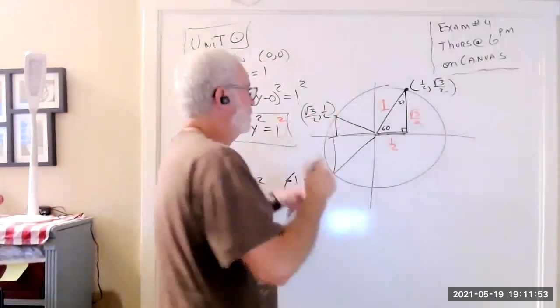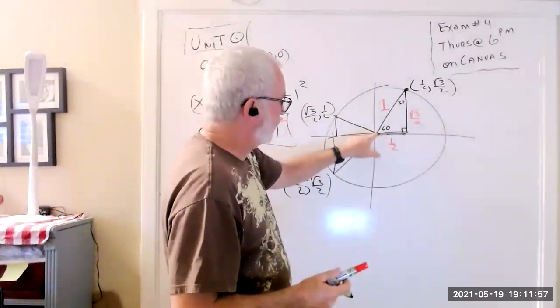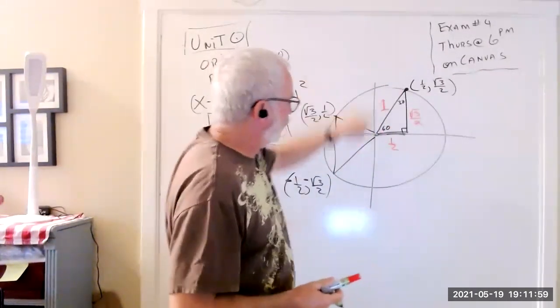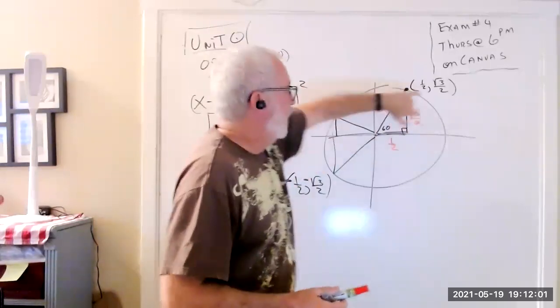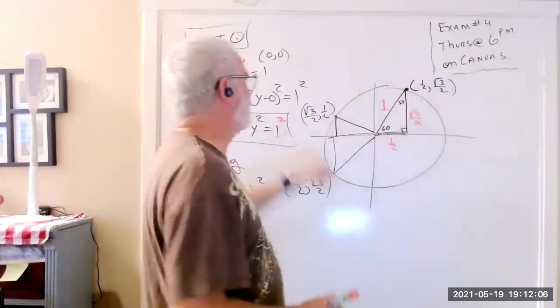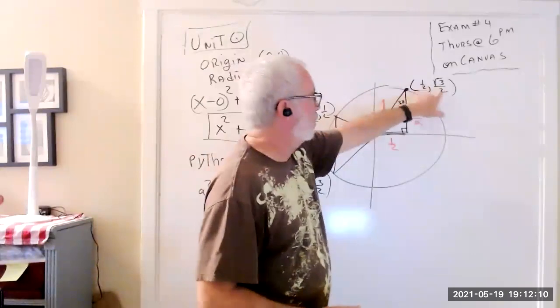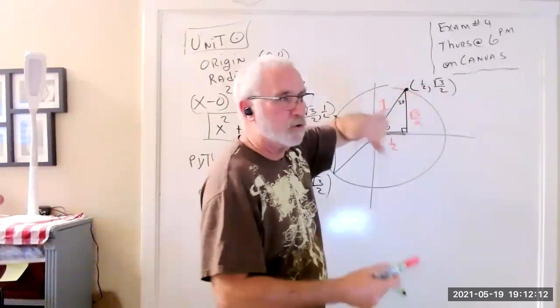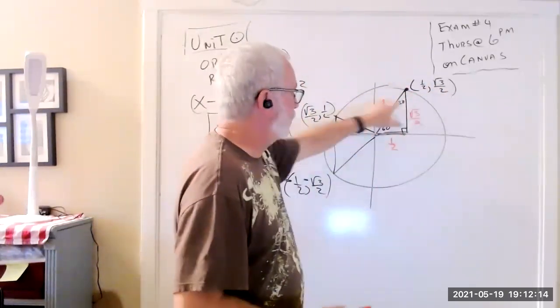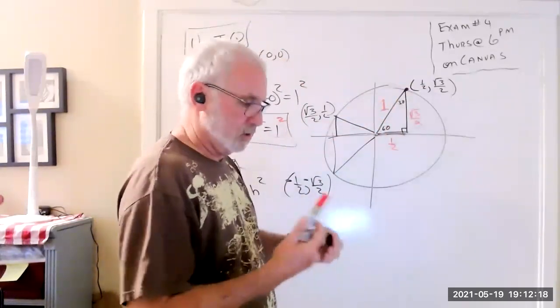If you lay it, instead of having the 60 degree here at the origin, if you twist it so that's a 30 degree, that will flip your ordered pairs. But they'll always be square root of 3/2, 1/2. Square root of 3/2, 1/2 will always be associated in some way with a 30, 60, 90 triangle. Always. That will never change.